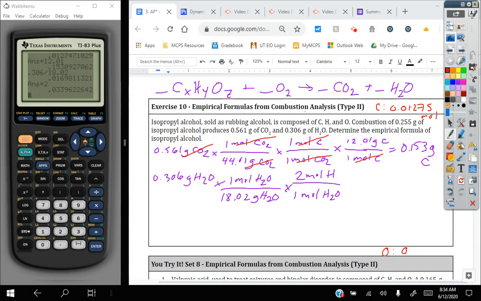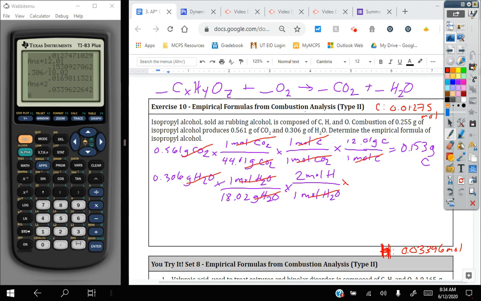And again, I'm going to, off to the side here, maybe I'll put it on the bottom. Oxygen, we're going to have 0.03396 moles of oxygen. And we're going to need to save both of those numbers for later because of our empirical formula calculations. And I'm sorry, I said oxygen. I meant hydrogen. My bad. This is how many moles of hydrogen we have. So we check our units, grams of H2O cancel, mole of H2O cancels.